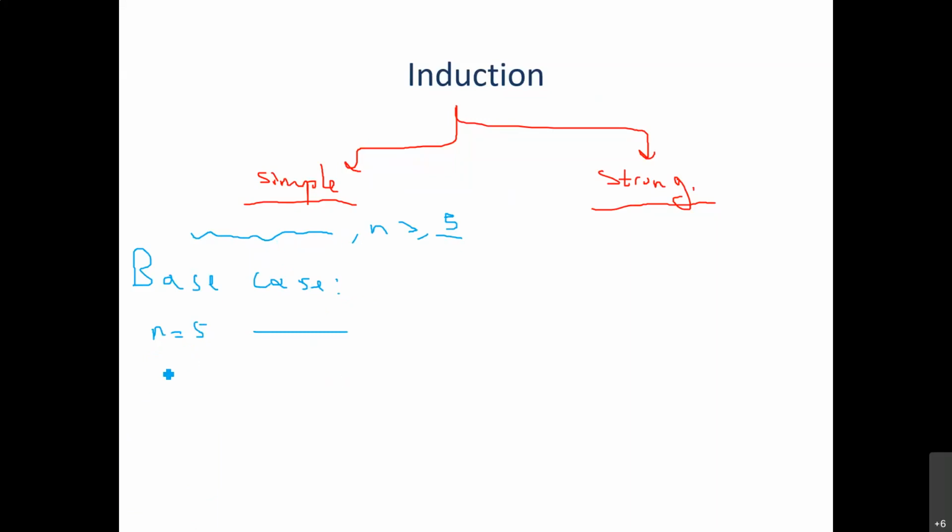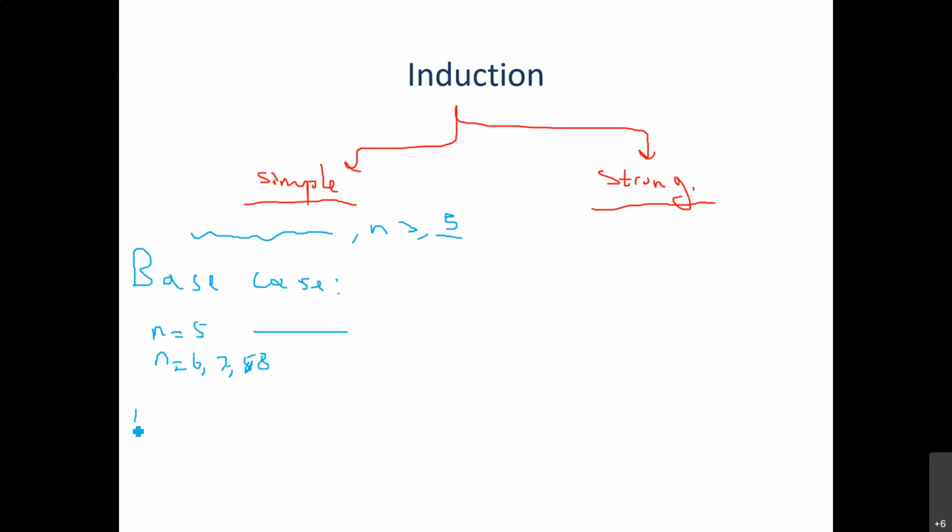And that would be enough. You can just do one case, or you can also do a couple of extra cases, just so you get an idea. The more cases you do, the more apparent the pattern becomes. So that's the base case.